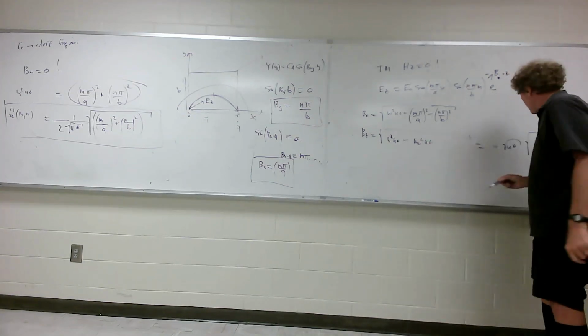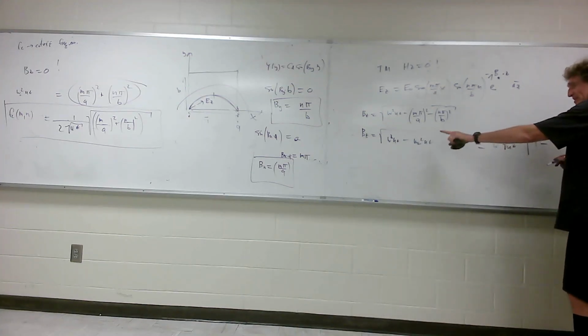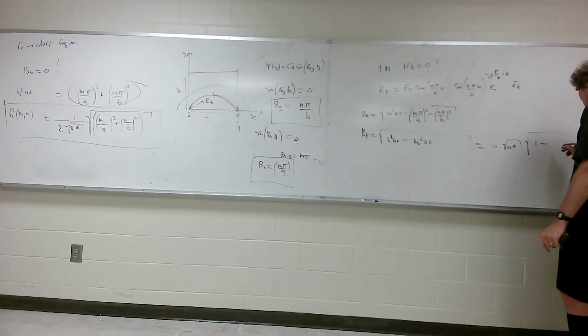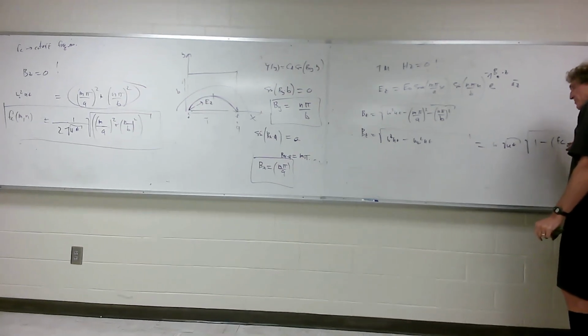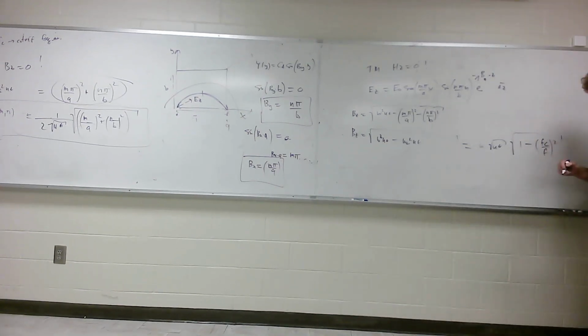But then that becomes 1, and then it's minus, now the mu epsilons cancel, the 2 pi cancels, and then you get minus fc, the cutoff frequency, over f, squared. Can you all follow me on that? He doesn't show this part in his book, I don't believe, but I'm trying to show you how the proof comes about. It's important. I'll give you a minute to write it down. With me? Follow me on this one.